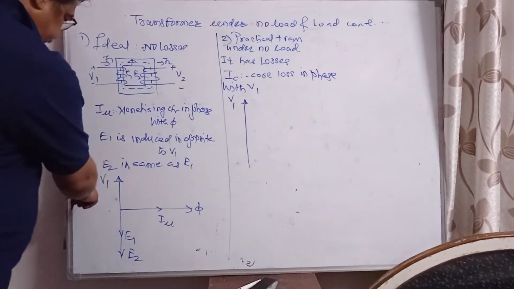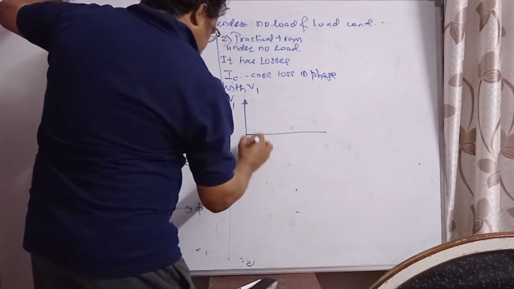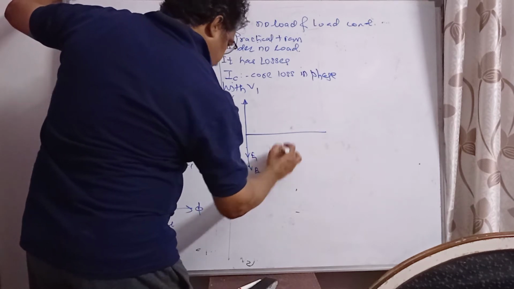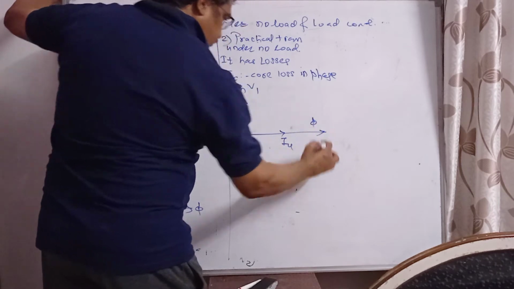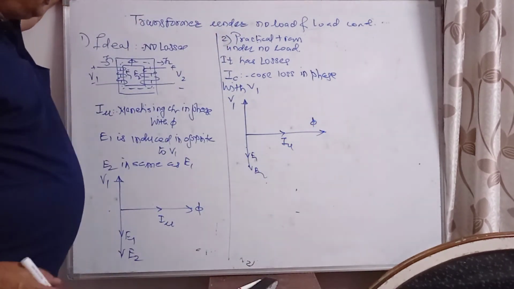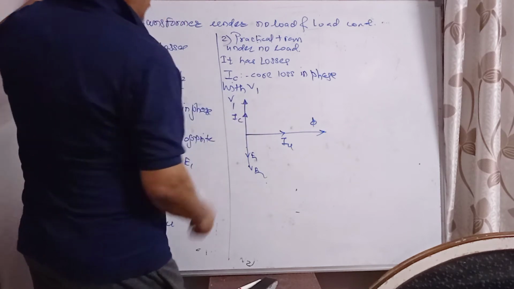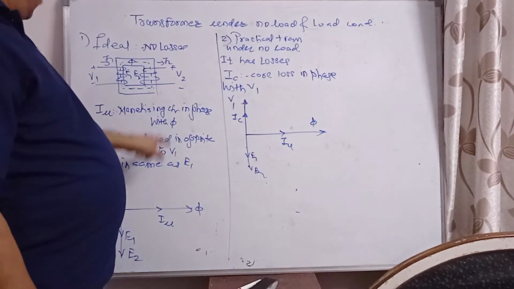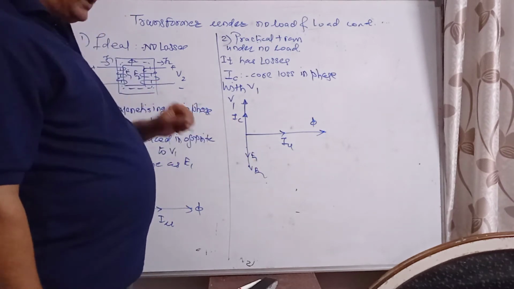V1, E1, E2, and this is Ic. Ic, core loss component, in phase with V1. Imu, this current is shown here also, and then this is Ic.